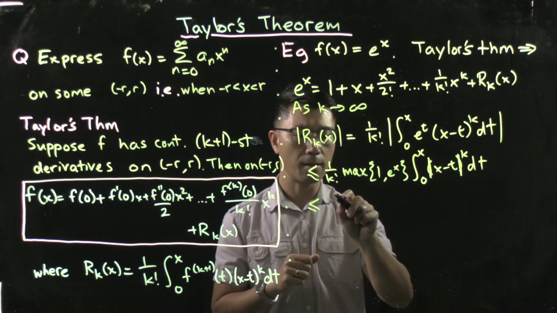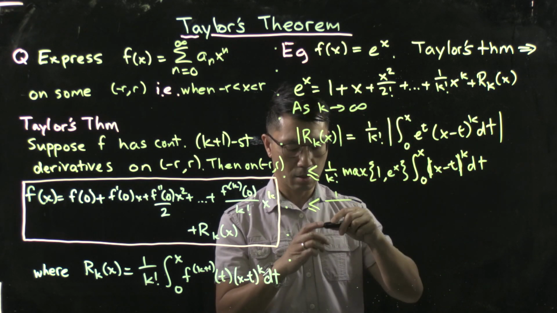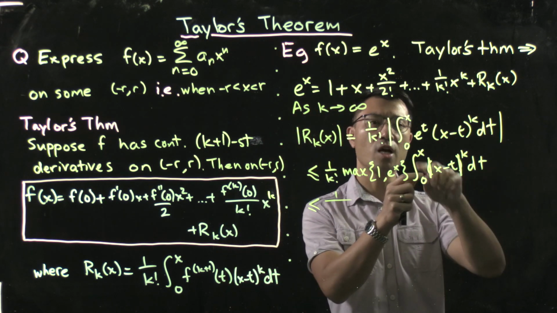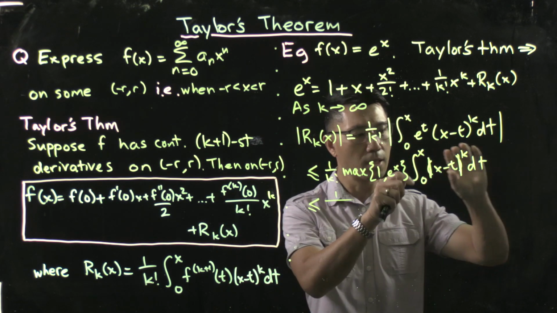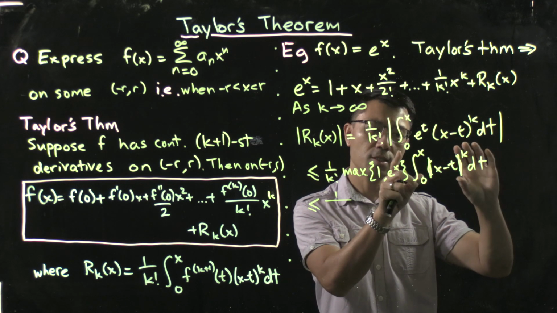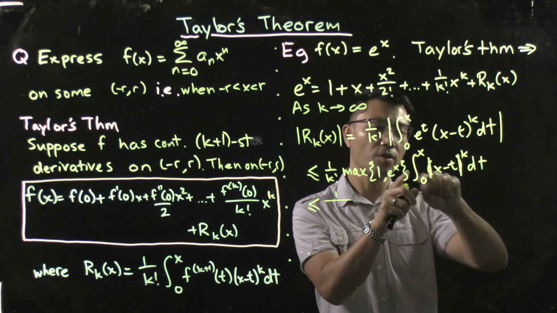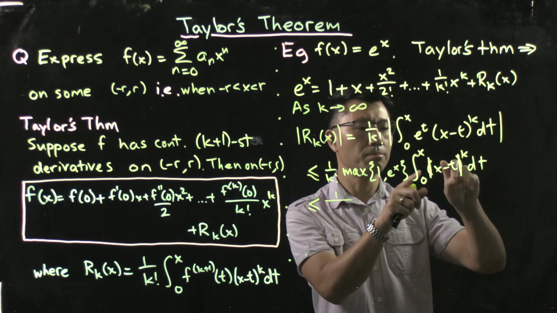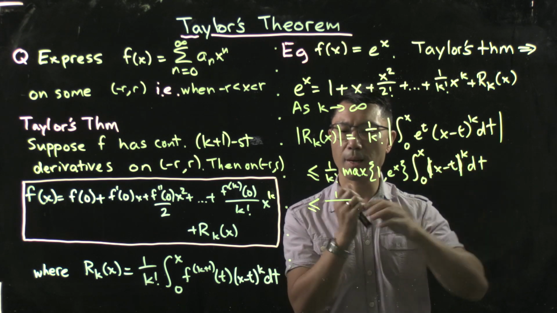So when you integrate that, you can do a change of variables if you like, or just integrate it using the standard tricks in calculus, and you'll get for this integral just x to the k plus 1 divided by k plus 1.